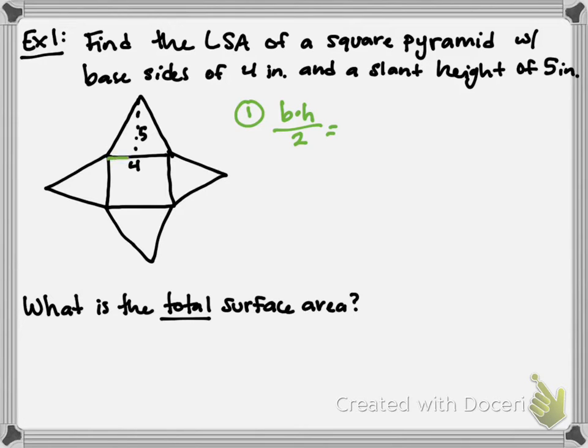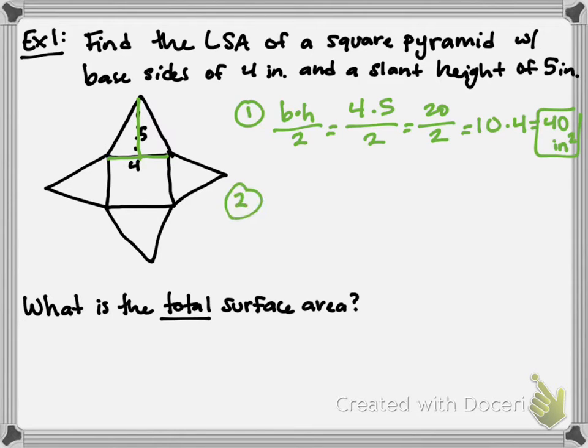So what's my base? 4. What's my height? 5. Dividing by 2. 20 divided by 2 is 10. There are 4 triangles like that, so 10 times 4 is 40, and it's area, so it would be inches squared.